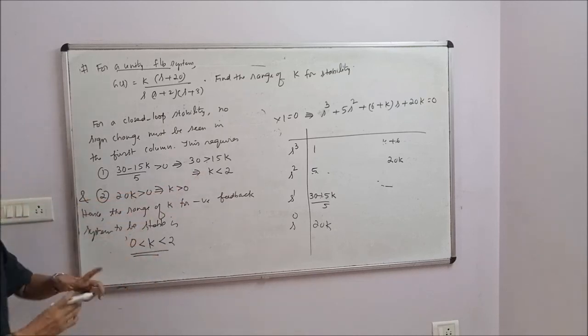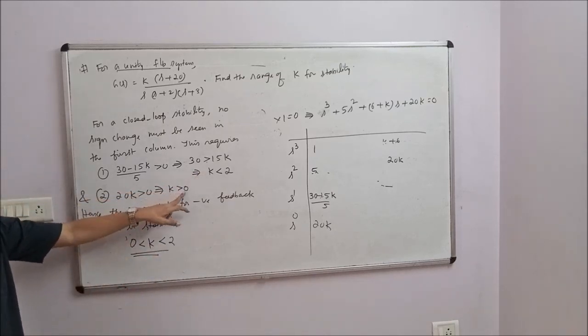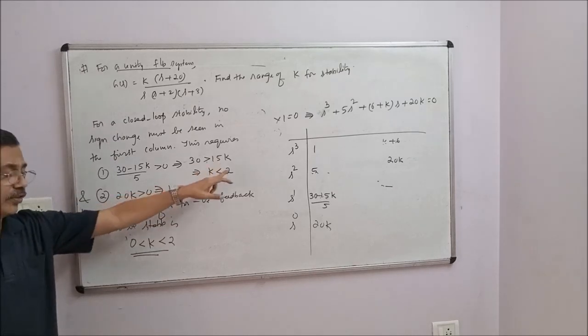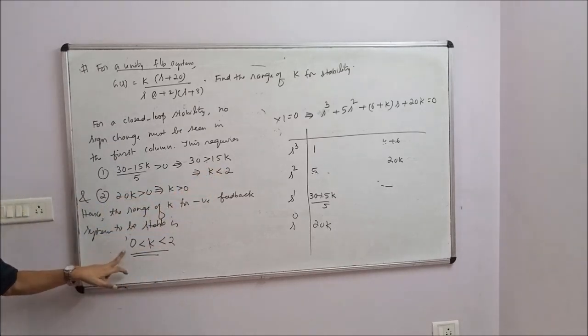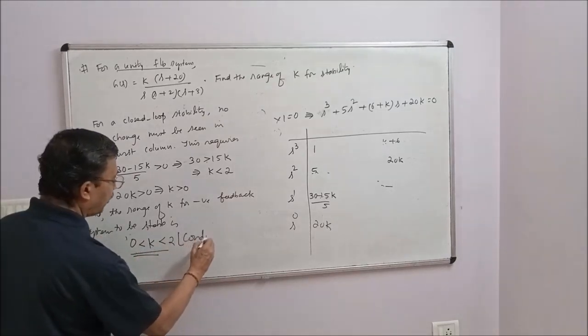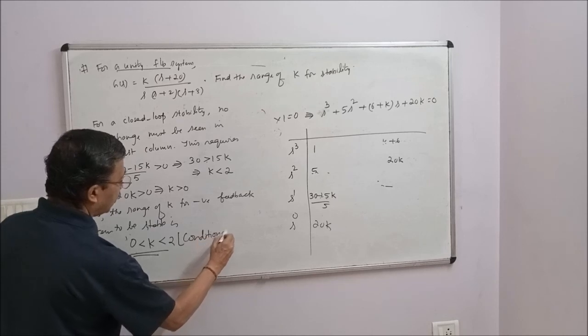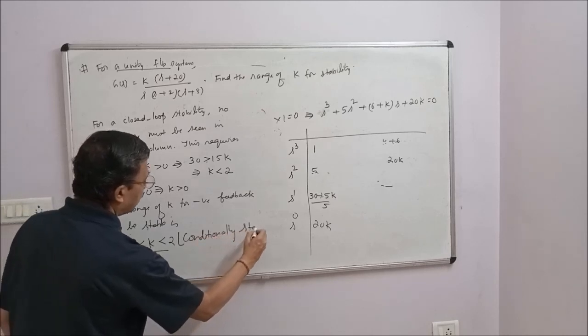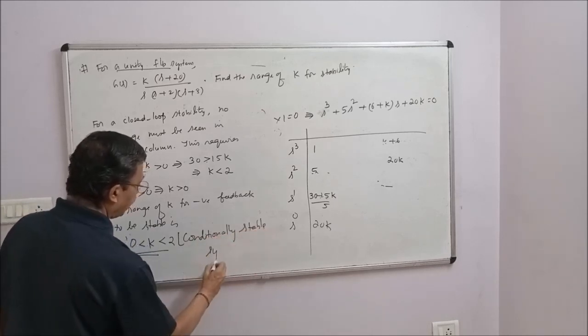Both these conditions must be true. Conditions are K should be greater than 0, K should be less than 2. Therefore, K should be more than 0, less than 2. Since there is a condition on K for stability, the system is called conditionally stable system.